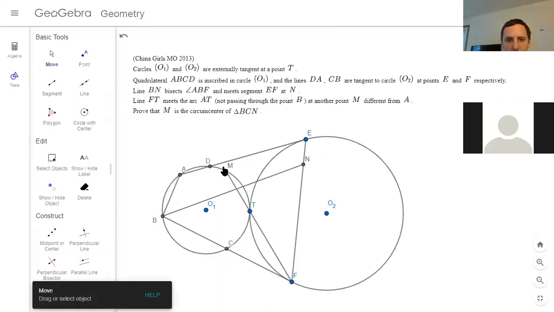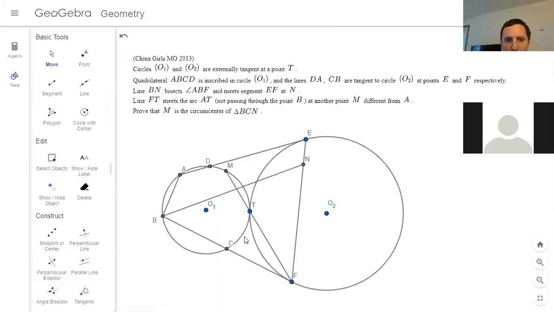Because angle MBC, it's half of arc MT plus CT. And angle MCB, it's CMF, which is arc CT plus this angle, which is the same as this angle.